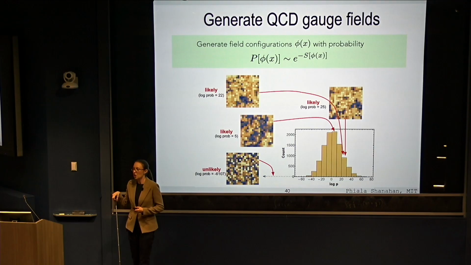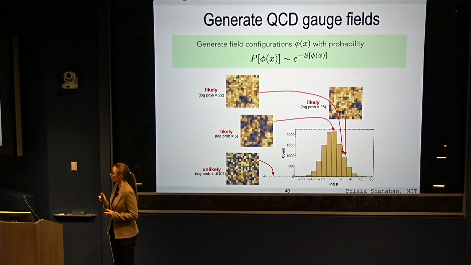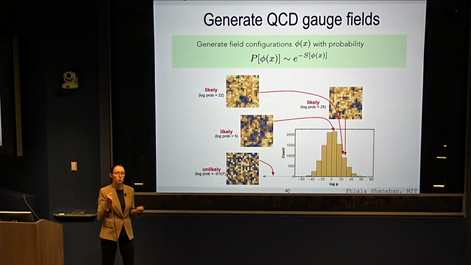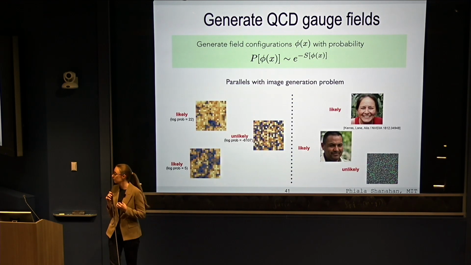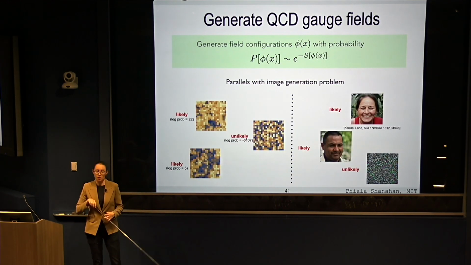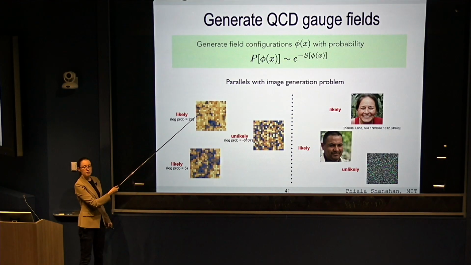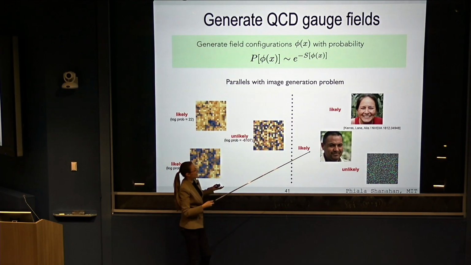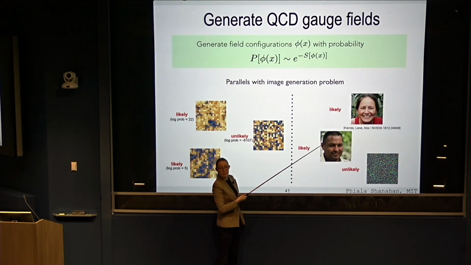Okay, pictured like this, and especially if I draw the samples like this, this has an immediate and clear parallel to a problem that's received a lot of attention in the machine learning community. Image generation. If I can generate samples that look like this and not this, well, that feels like the same problem as generating these fake pictures of people's faces through a facial generation algorithm where you get this and not that. That's just random noise, right?